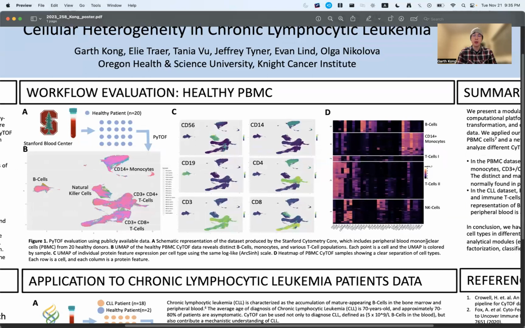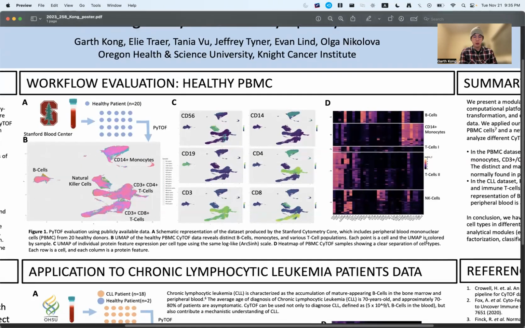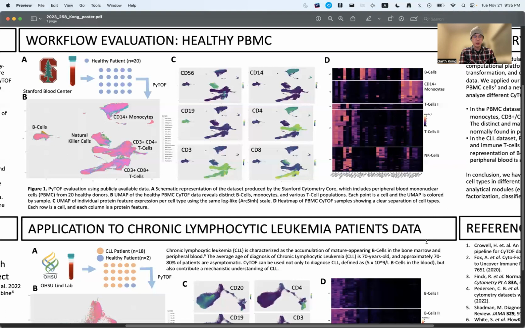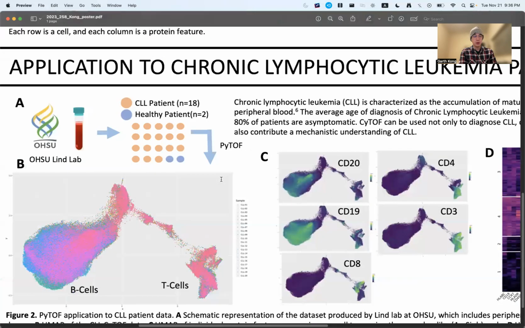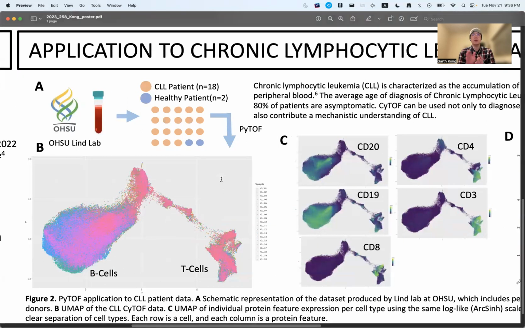Now, if we apply this PyTOF pipeline to somebody with chronic lymphocytic leukemia, let me take a step back. The samples were collected in Dr. Evan Lin's lab at Oregon Health and Science University.